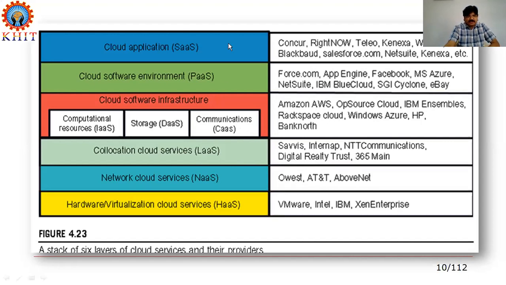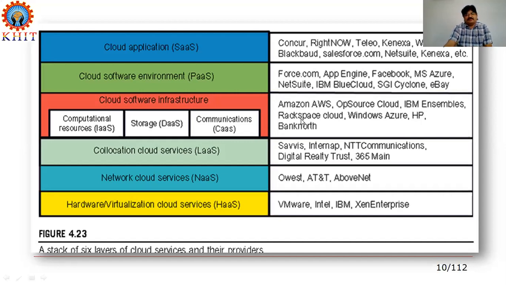And also, for cloud services like infrastructure as a service, the infrastructure as a service will be provided to the end users with the help of some cloud service providers like AWS, Amazon Web Services Cloud, and open source cloud, and IBM Ensembles is another cloud.